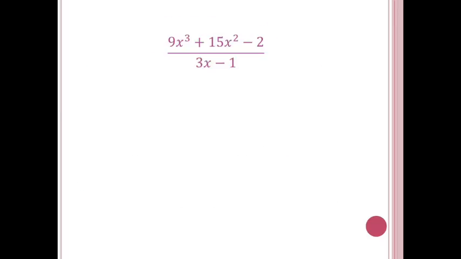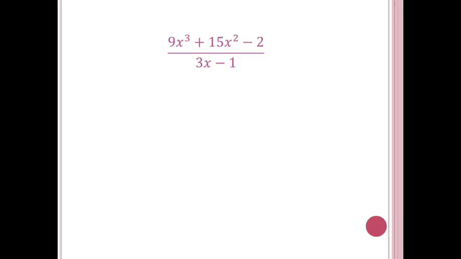Okay, we're going to stop with this one, I think, as an example. All right, so we've got 9x cubed plus 15x squared plus 0x.